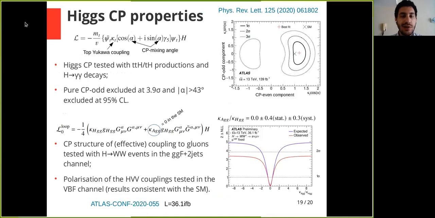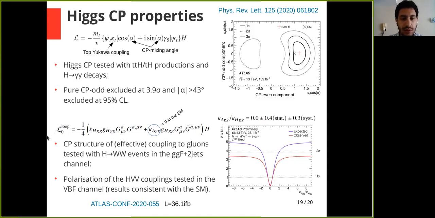Finally, we also studied the CP properties of the Higgs, first using the ttH and tH productions in the Higgs to gamma gamma decays to test the CP structure of the top Yukawa coupling, and we could exclude the pure CP-odd component, and we constrained also the mixing angle.